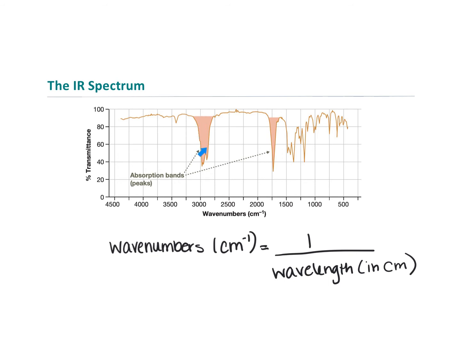You're also going to see here, these are our absorption bands, and those are the bands that we are most interested in when we talk about spectroscopy. Certain functional groups will give certain absorption bands. And so where these bands are located can tell us if a molecule has a certain functional group.